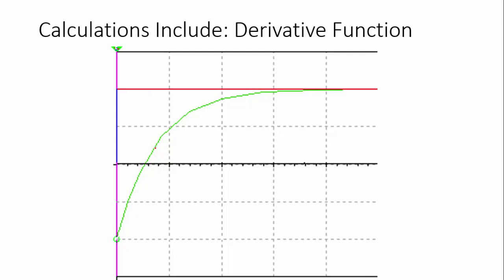If I took a point, like right here, and drew a tangent line to it, not a very good tangent line, but I hope you get the idea, I can then calculate the slope of that line. And if I plot the next point and draw a tangent line to it, I can calculate the slope of that line.